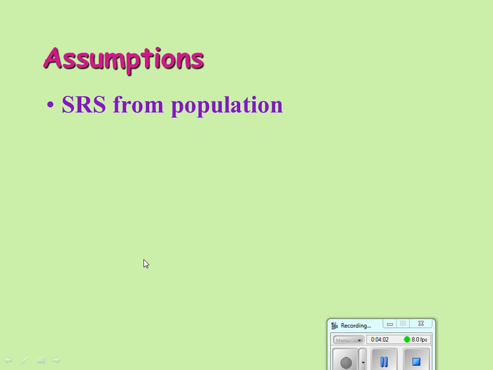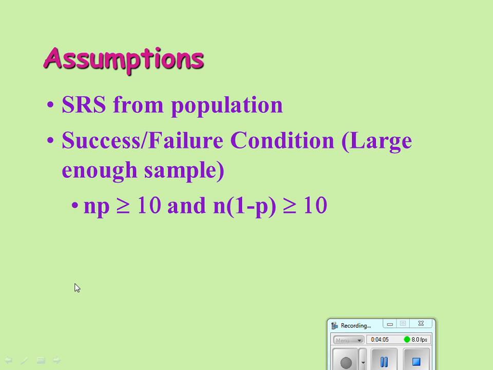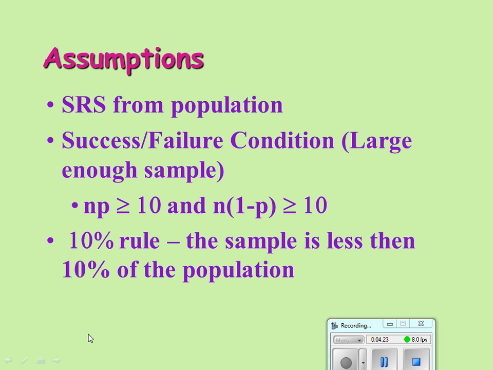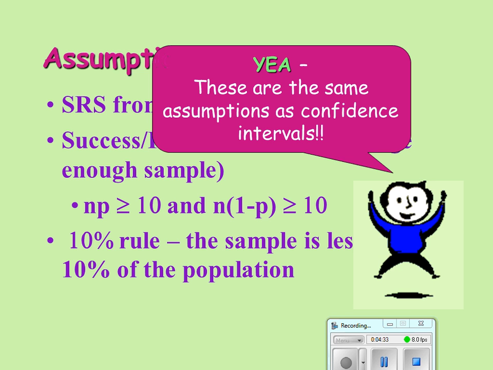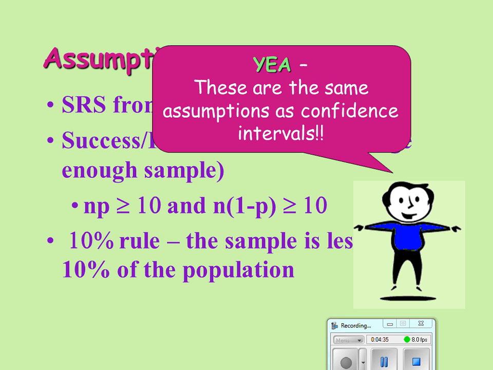You must check to see if it's random. You must check to see if you have enough successes and enough failures, and we do that by np being greater than or equal to 10, and the same thing with nq. And then lastly, we have our 10% rule. Hopefully these three things look familiar to you since we've done those in the last two chapters. So yay, the same assumptions as our confidence intervals.